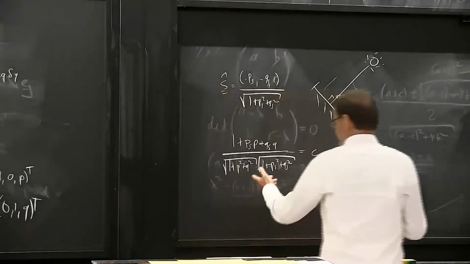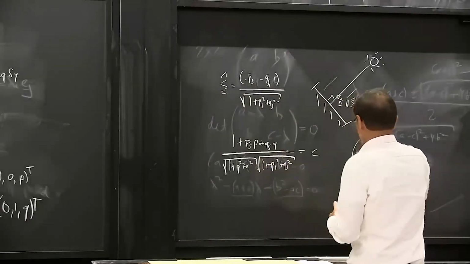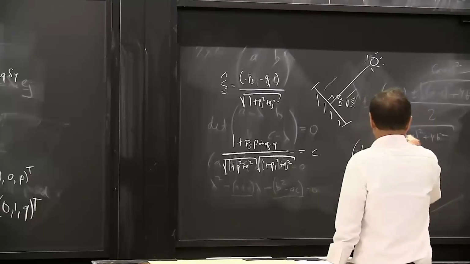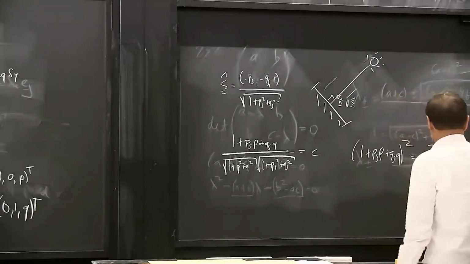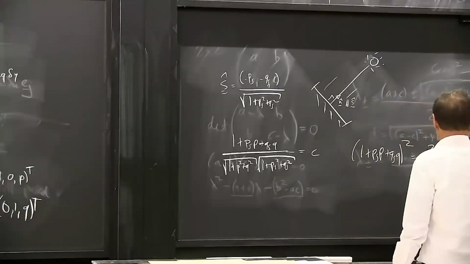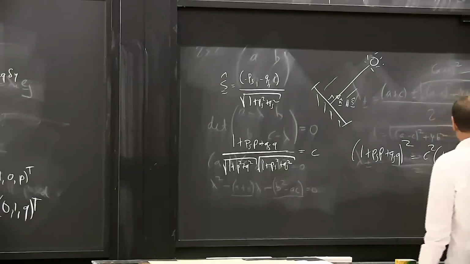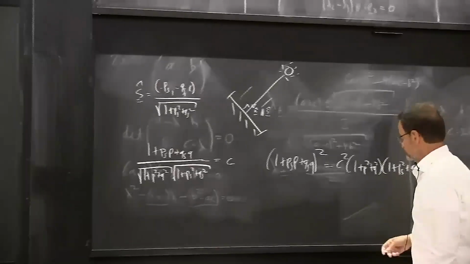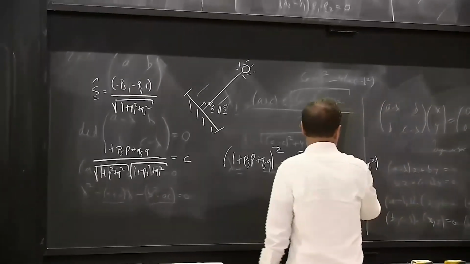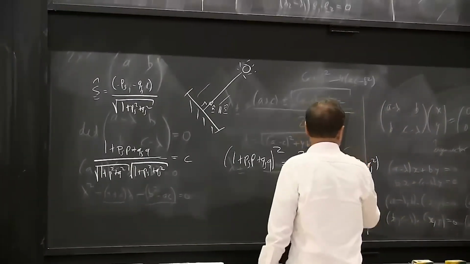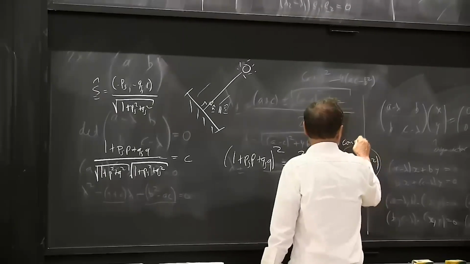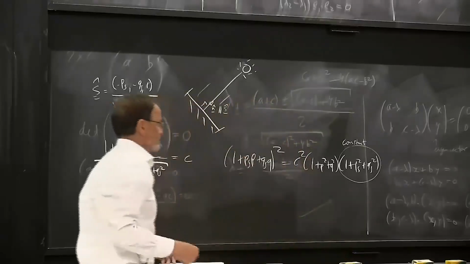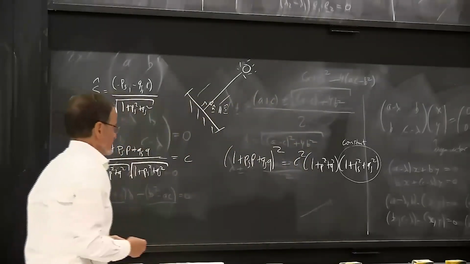Well, I can square this and move things around a bit. Now, this quantity here, this is just some constant, right? Because I'm keeping the light source in a fixed position.